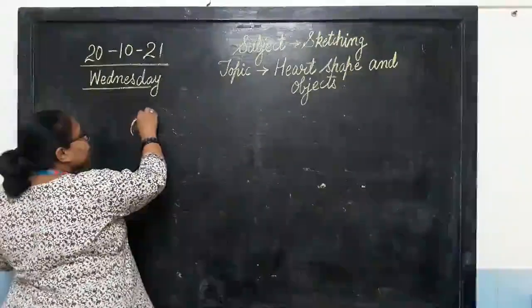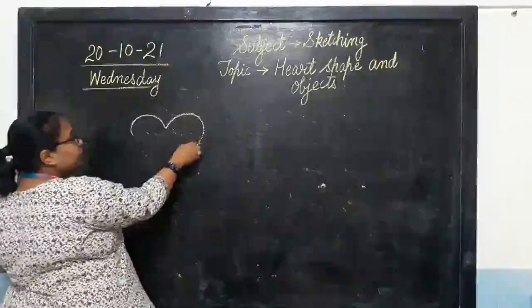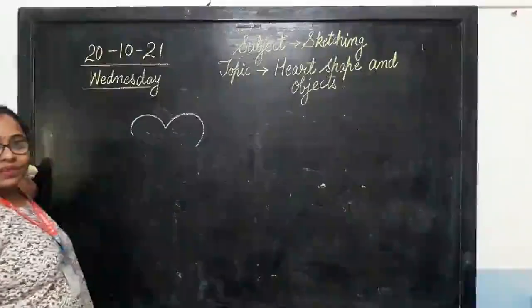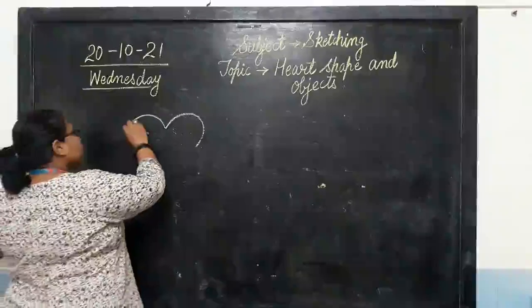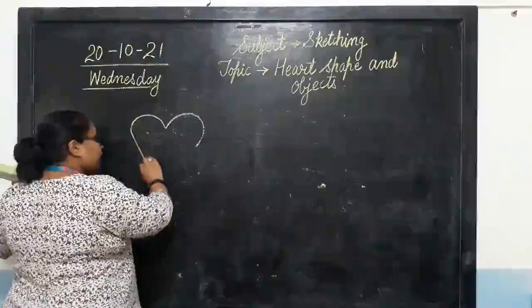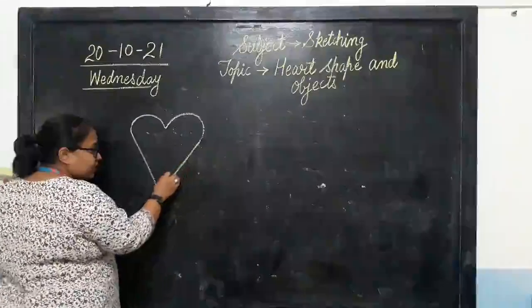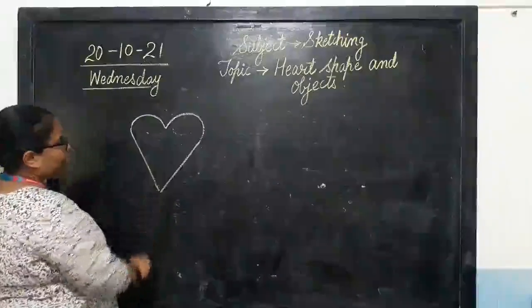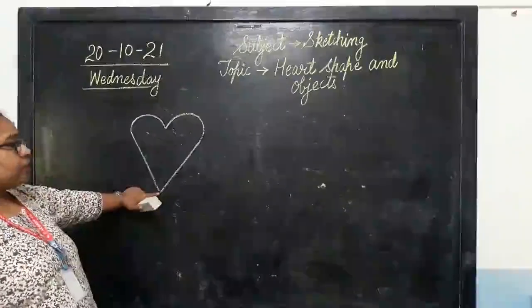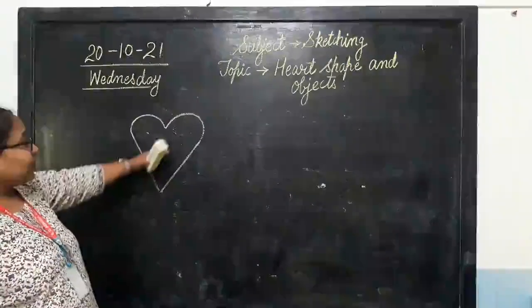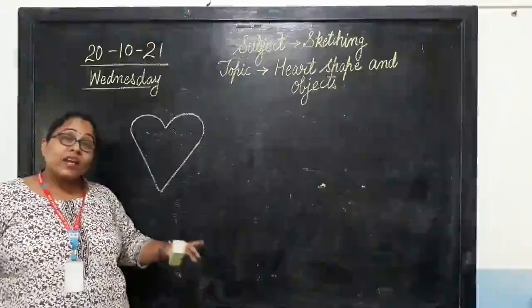We have written number 3. Clear? अब उसके बाद आपको क्या करना है? Like this, 2 slanting lines, और वो एक पॉइंट पे दोनों मीट करेंगे. So what is this? This is your heart shape.